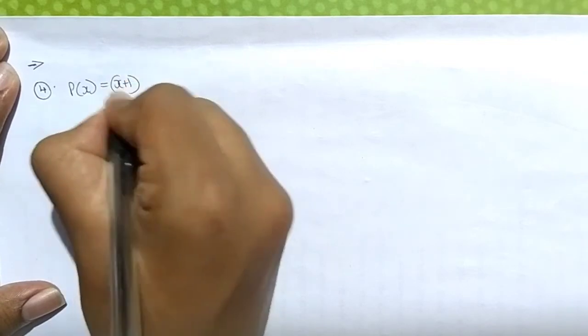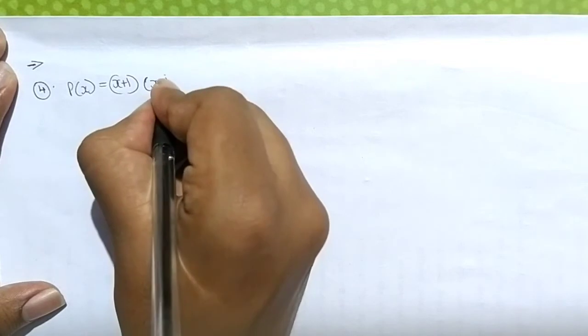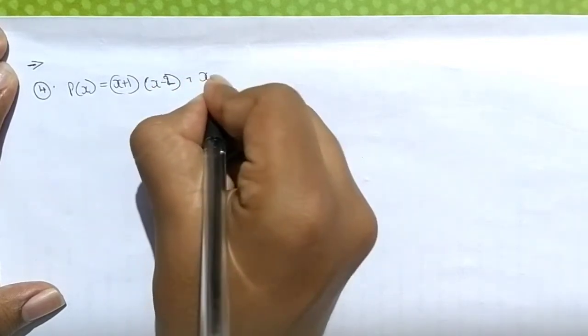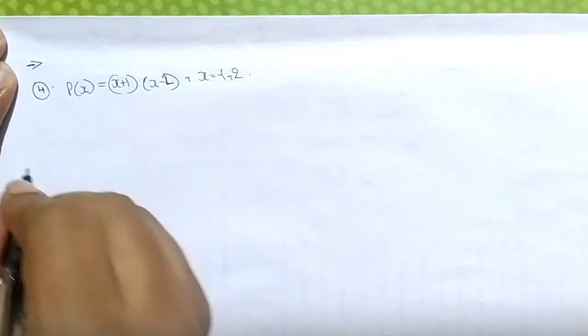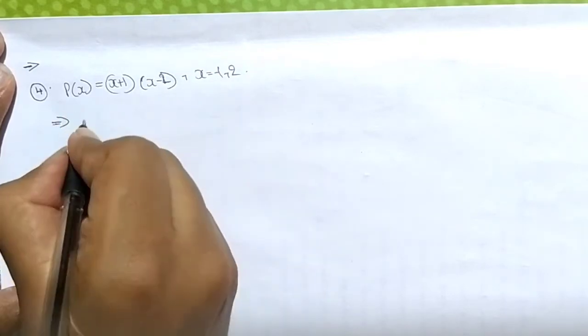Now continuing with fourth question, we have p of x equals x plus 1 into x minus 2 given here. X is equal to minus 1 comma 2. Simple. Substitute for first value minus 1 here.